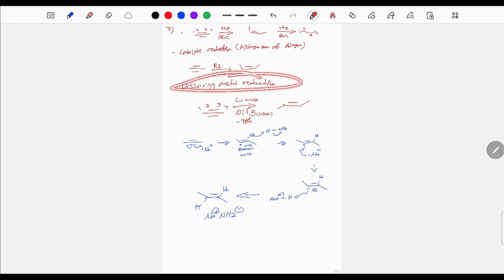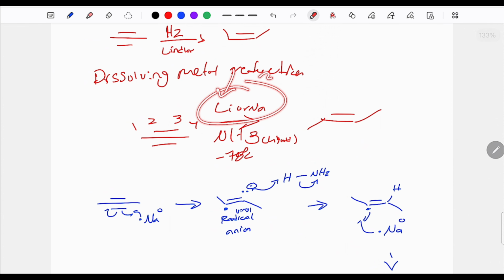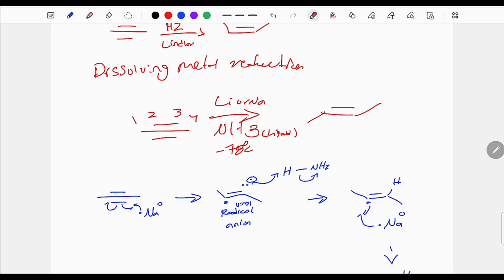And the other is the dissolving metal reduction that gets you the trans-alkene, under these specific conditions: lithium or sodium metal, liquid ammonia at minus 78 degrees Celsius. Okay, so again, these conditions do matter.